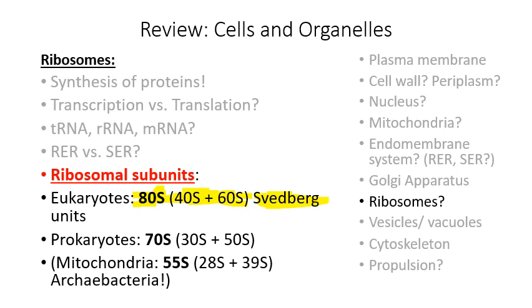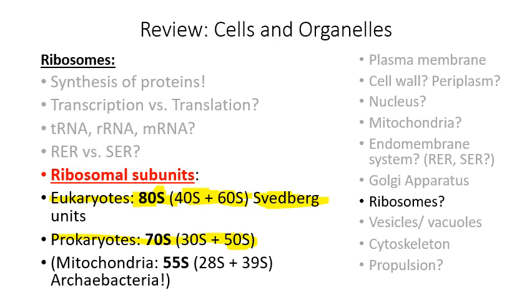If you spin the 40S subunit and the 60S subunit through a centrifuge, they will spin through at a certain rate. If you put them together, they will spin through the centrifuge at a greater rate, but not in an additive fashion, right?